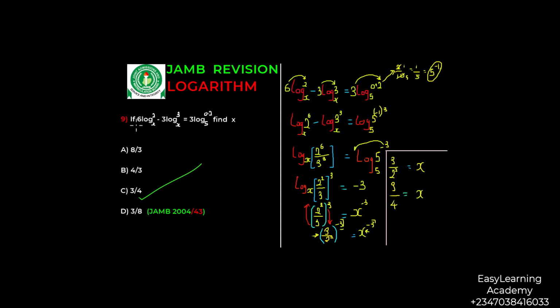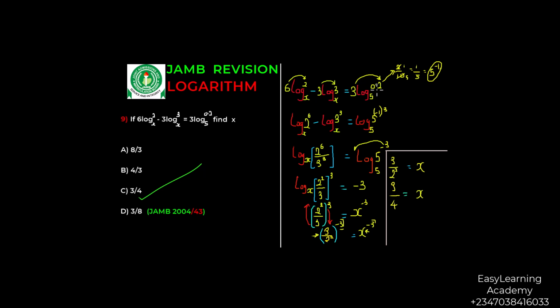This was the question that we were given. If 6 log 2 base x minus 3 log 3 base x equals 3 log 0.2 base 5, find x. So simple. What we needed to do was rewrite it, obeying the simple law of logarithm: the 6 became the power to this 2, the 3 became the power to this other 3, and something happened to 0.2.